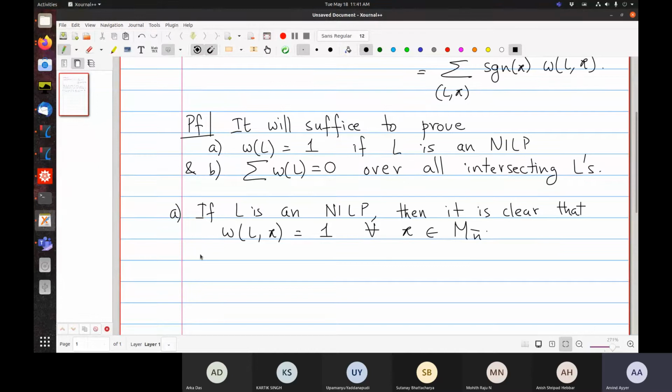Therefore, the sum over pi in Mn bar of W of L pi, this way, W of L, times the sign of pi.